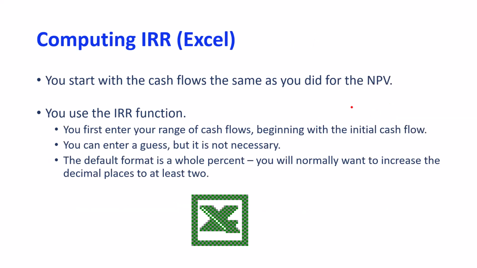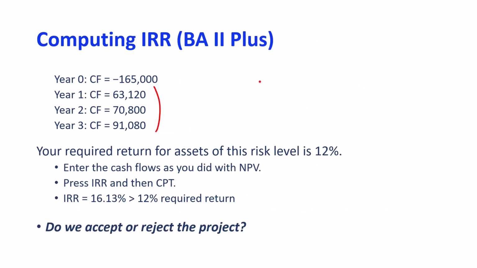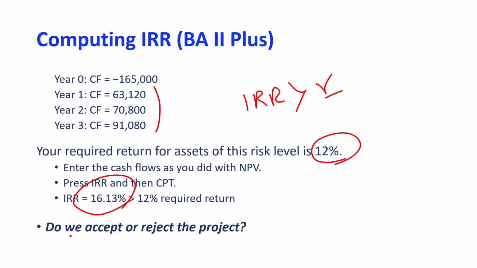Sorry, I forgot to mention this. The decision rule in the IRR is to accept a project if the IRR is greater than the required rate of return for the firm. In this case, since the required rate of return is 12% and the IRR is 16.13%, which is greater than 12%, it's good and we should accept the project.